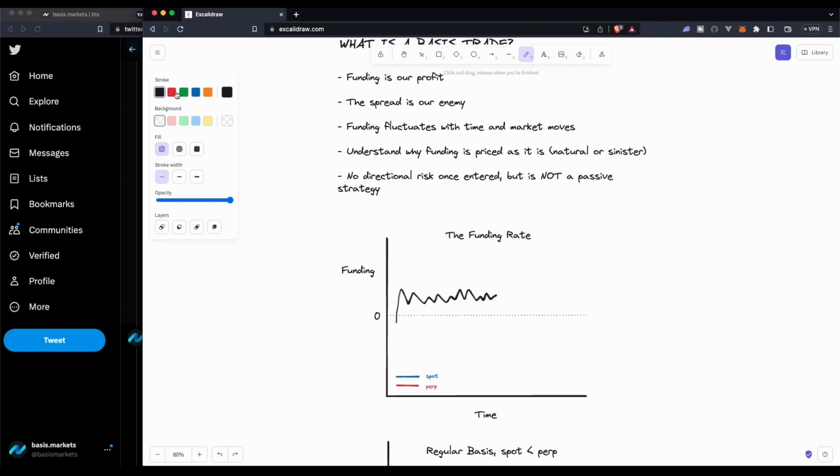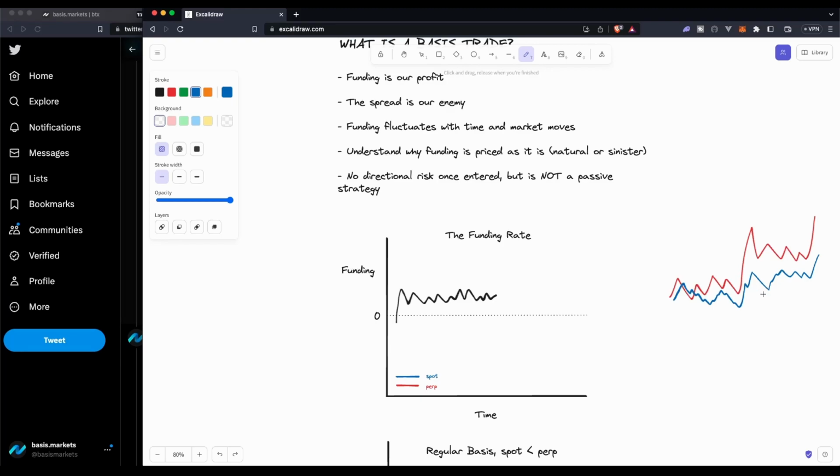So if we look at price over here, say for example, price is doing something like this on the perp, while spot is doing something like this, that would mean that the funding rate is positive because we have the perp trading above the spot.